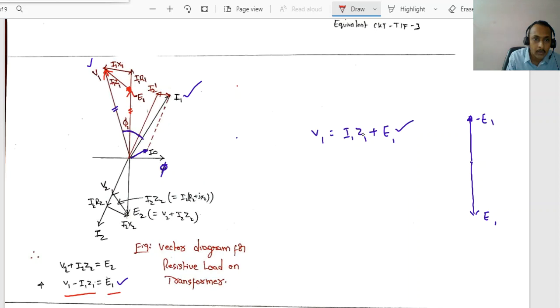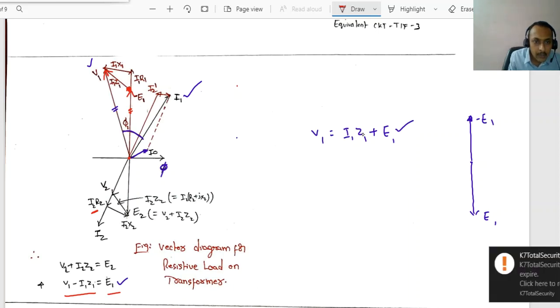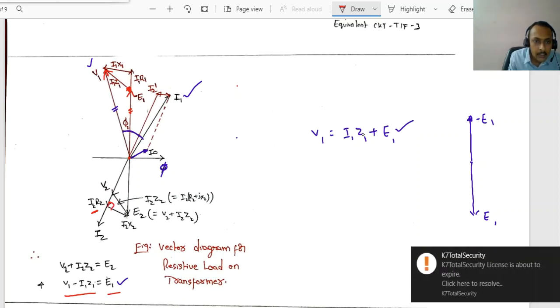On the secondary side, what happens is, you have some voltage V2, and a resistive drop will be in phase. Some I2 R2 drop, you have some current like this, and there is some resistive drop. For the resistive drop, exactly 90 degrees, there will be the reactive drop. This is exactly 90 degrees. You will have I2 X2.